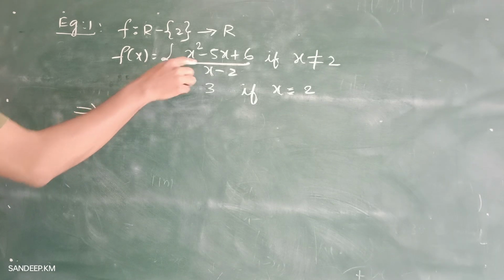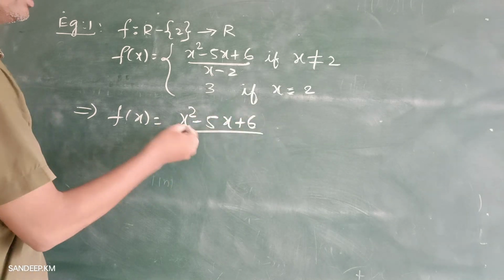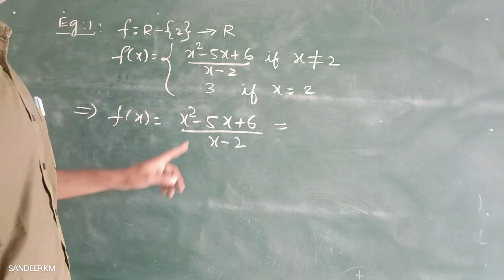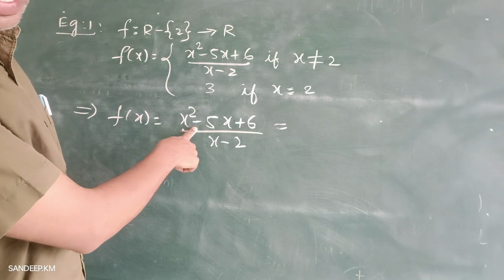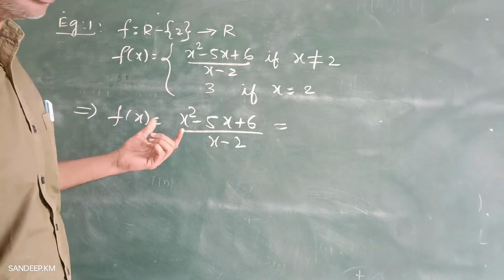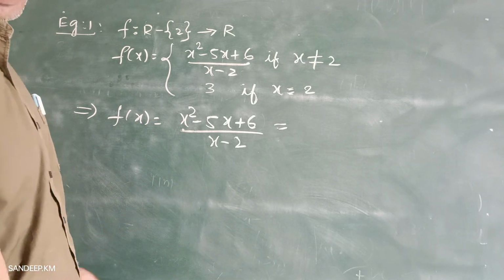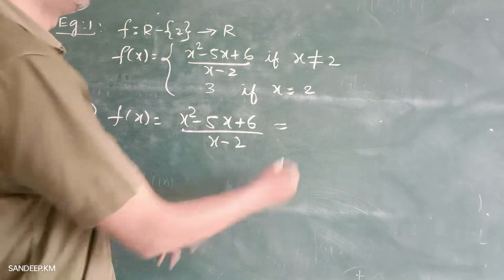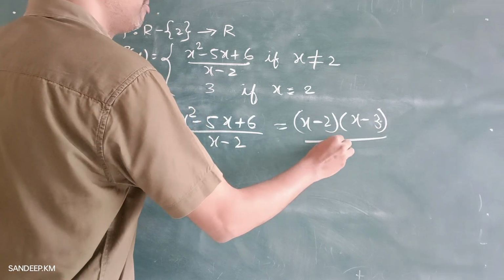F of x is equal to x square minus 5x plus 6 divided by x minus 2. So when you factorize the numerator, you all know how to factorize the numerator, right? I cannot explain factorization in detail. I will find time some other day and discuss it in some other video. For now, x square minus 5x plus 6, if you factorize, you will get x minus 2 into x minus 3 divided by x minus 2.